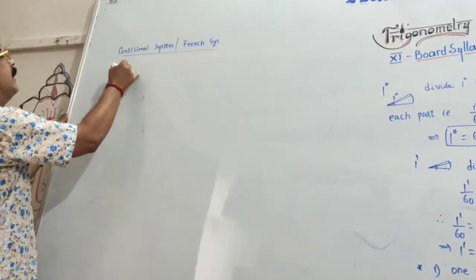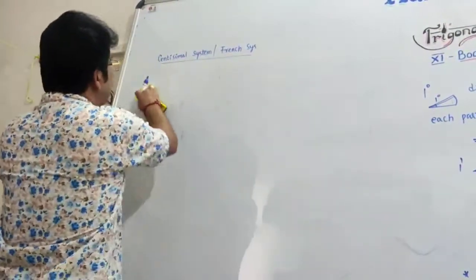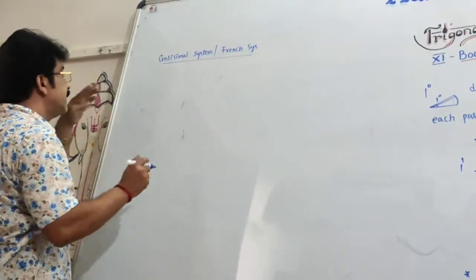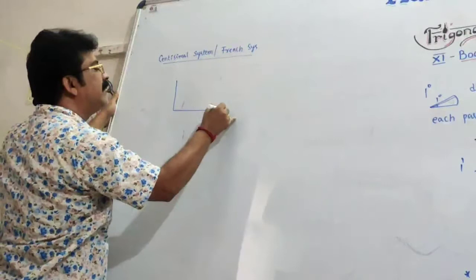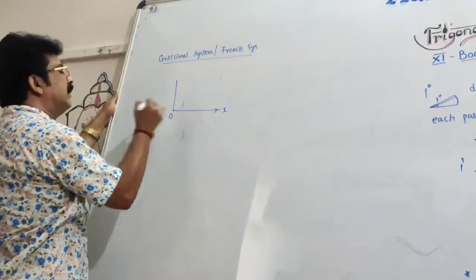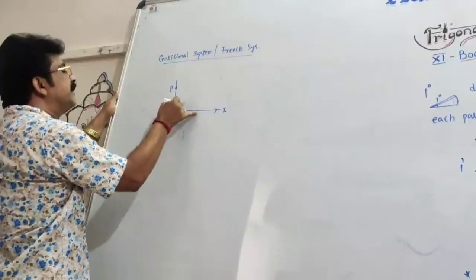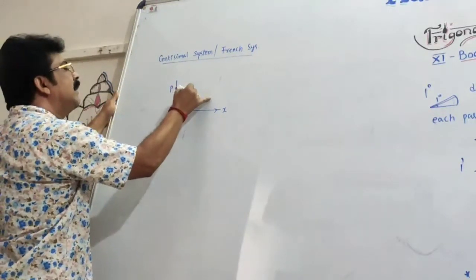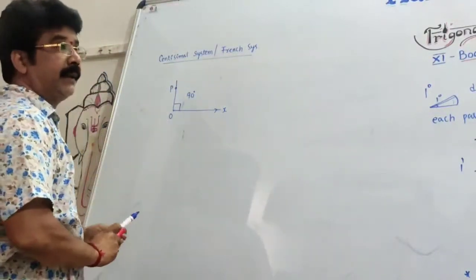Actually, let us take the 90 degrees. 90 degrees in the sexagesimal system or English system is represented like that. X, initial line, origin or initial point. So this is capital P. This is called one right angle, 90 degrees.